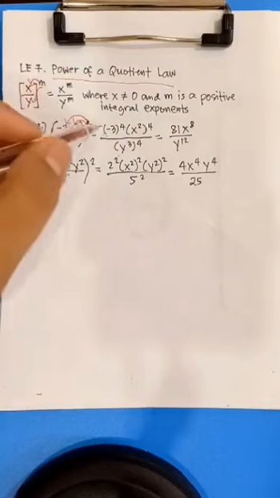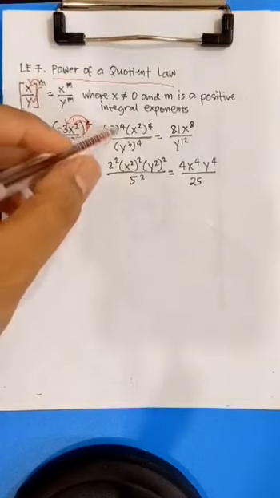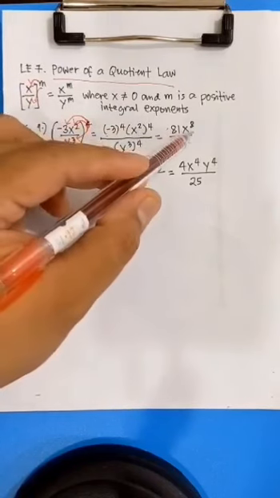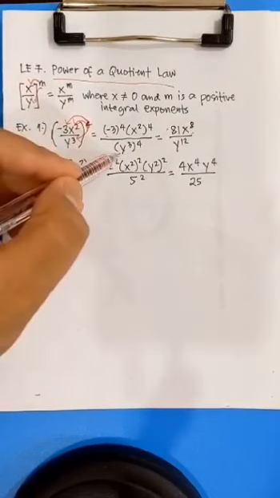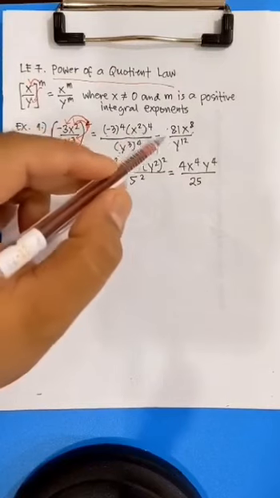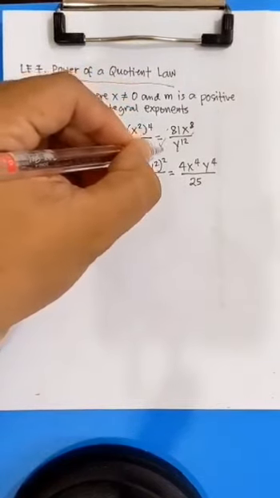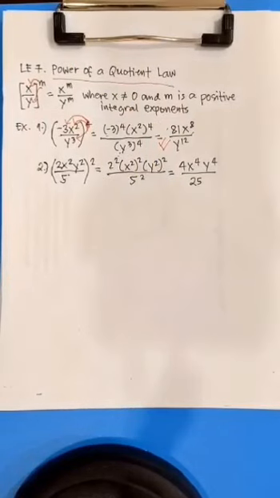Now simplify. Negative 3 raised to 4 is 81. x squared raised to 4 is x to the 8. y cubed raised to 4 is y to the 12. So therefore, the final answer is 81x to the 8 over y to the 12.